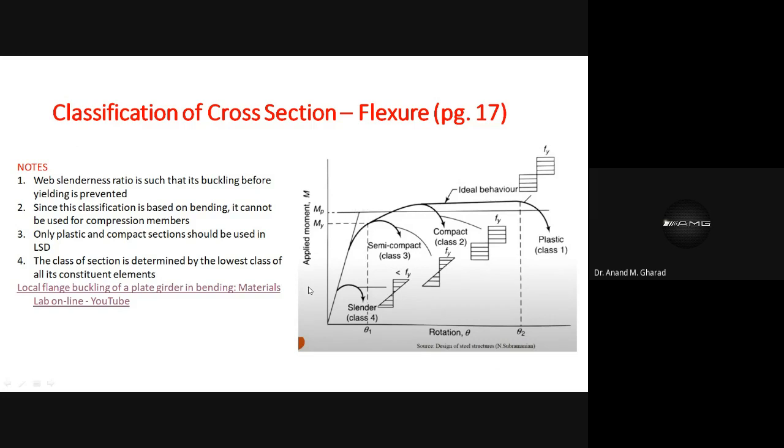should be such, or all the different members of that cross section should be such that they should not fail in local buckling. ठीक है, you may observe local buckling phenomena over here. ठीक है, so देखो इस केस में क्या हो रहा है, in the compact section it has completely yielded, it has also reached up to its plastic limit, but it is unable to reach up to plastic hinge formation, that is the failure point.